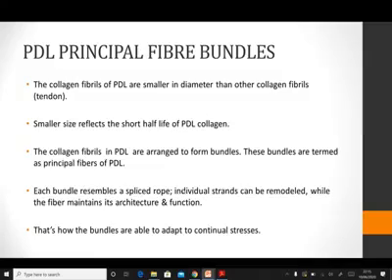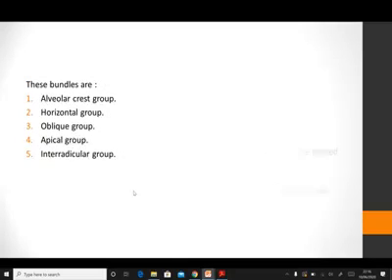So that is how these bundles are able to adapt to the continual stresses, because their architecture and function does not change. However, the individual strands within the bundle can be remodeled or are remodeling at any time. So that is how the principal fiber bundles give the PDL the ability to adapt to the continuous stresses that are put on the periodontal ligament.